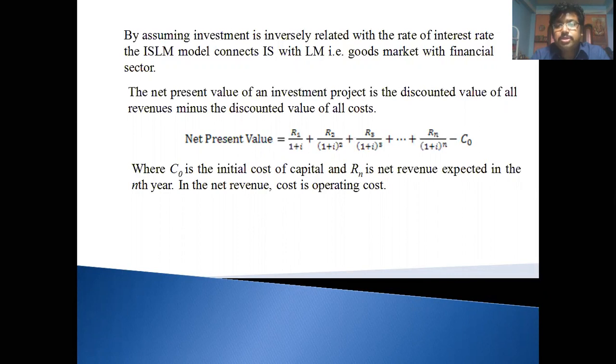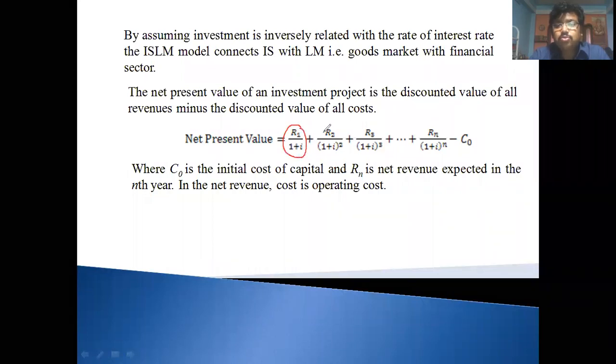Suppose the longevity of the capital is n years, and in the first year you get a return R1, then the present value is R1 over 1 plus i.